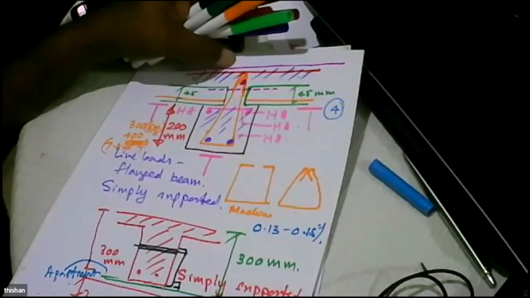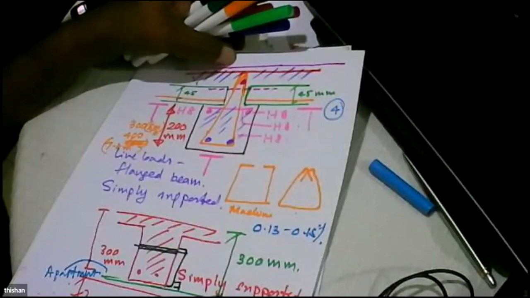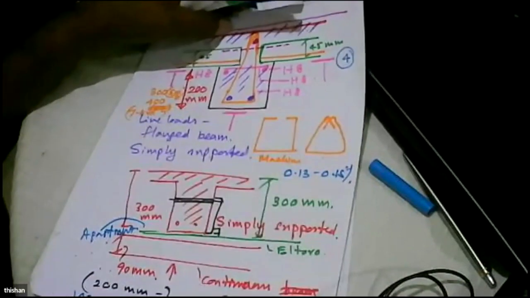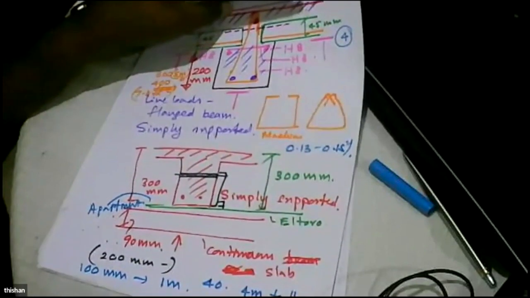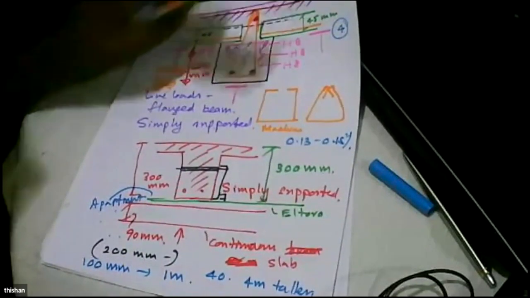Absolutely not. So we allow the shrinkage to take place before we cast the slab. So we don't need this minimum, we don't have to satisfy this minimum reinforcement requirement. Do you agree with me? Yes, sir.